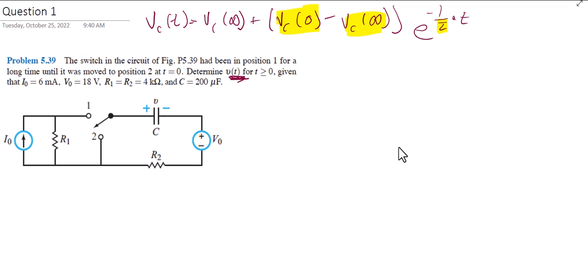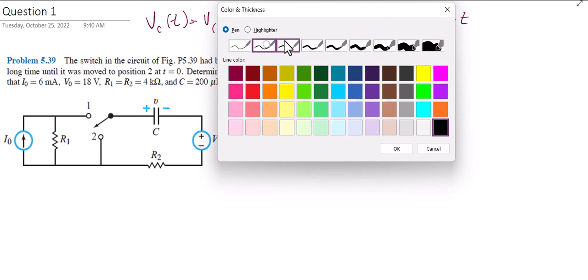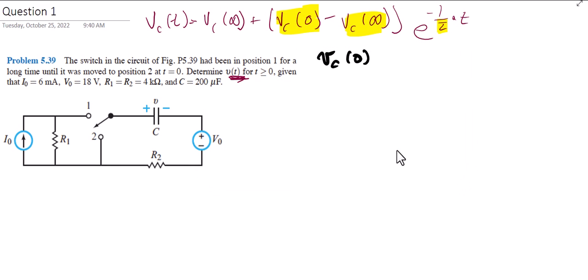Okay, so the first thing we'll look at is Vc of 0. Now, we'll notice that this is a capacitor, and a capacitor cannot change voltages instantaneously. So this means that Vc at time 0 has to equal Vc at time 0 minus.